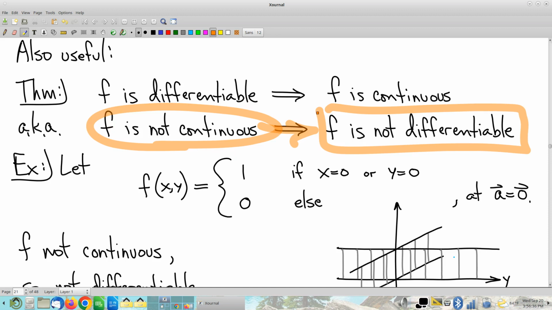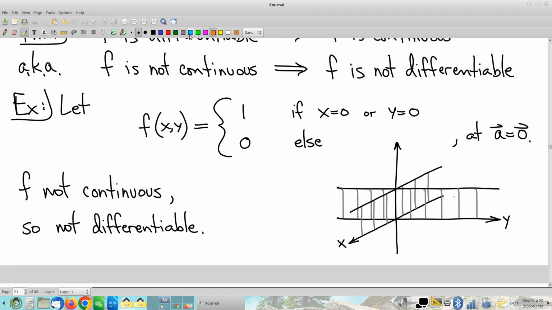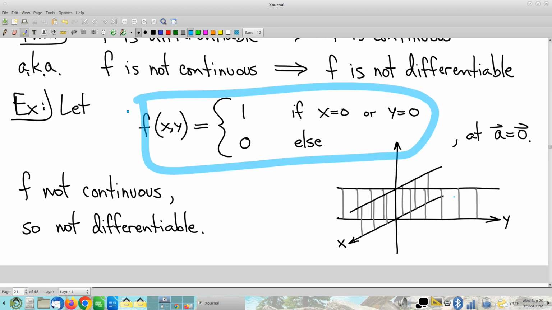And here's how we can use this fact. If you look at this function that was our very first function to deal with in this weird area, that function right there is pretty obviously discontinuous. Great big jump discontinuity at the origin.